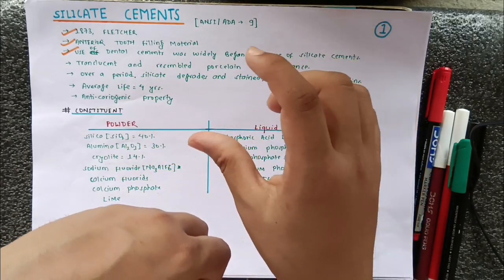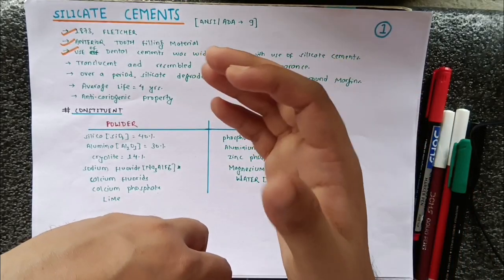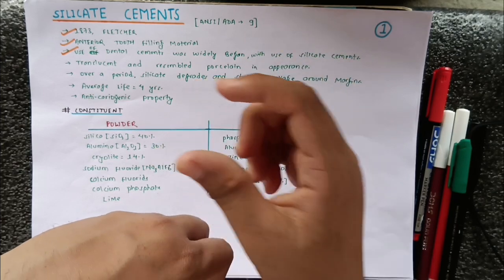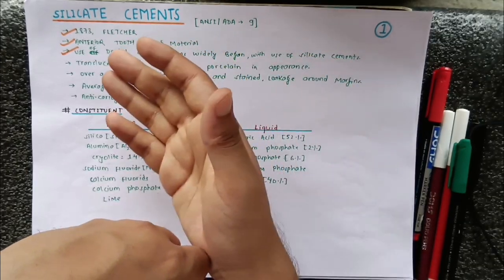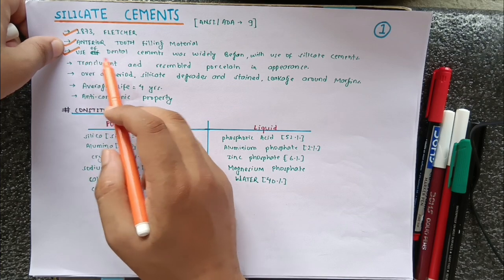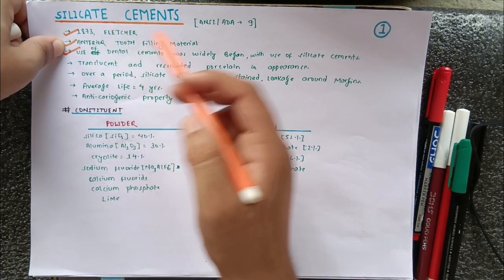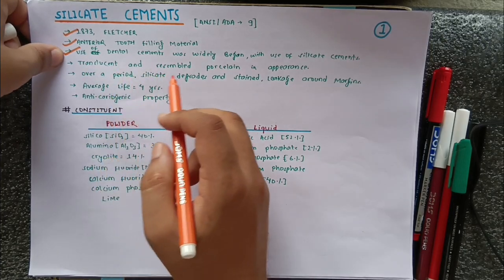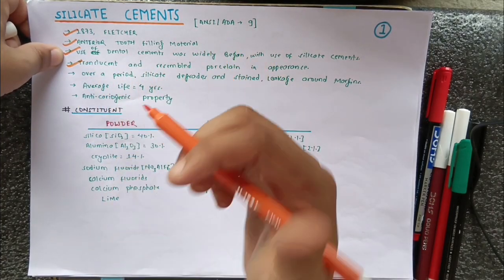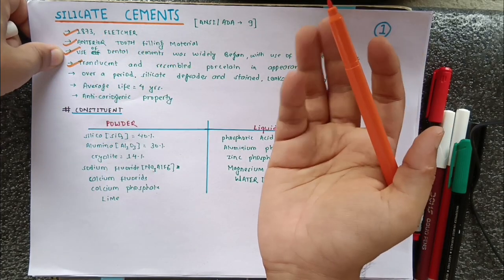At that time dental amalgam was being used, but some people thought dental amalgam would be toxic to our body, so it was replaced by silicate cement. It is translucent and resembles porcelain in appearance, so aesthetically it was better, and people started using silicate cement over dental amalgam.